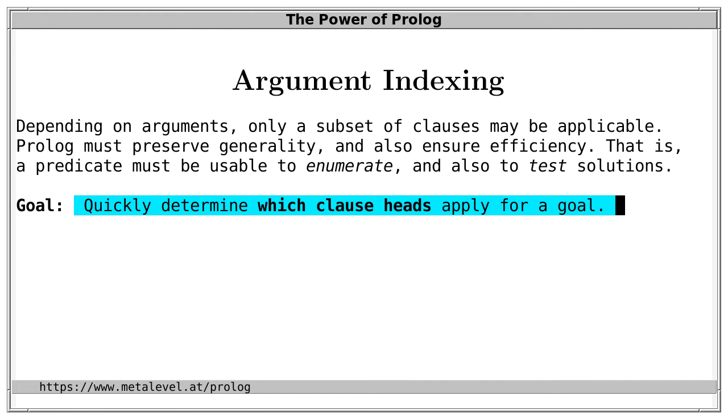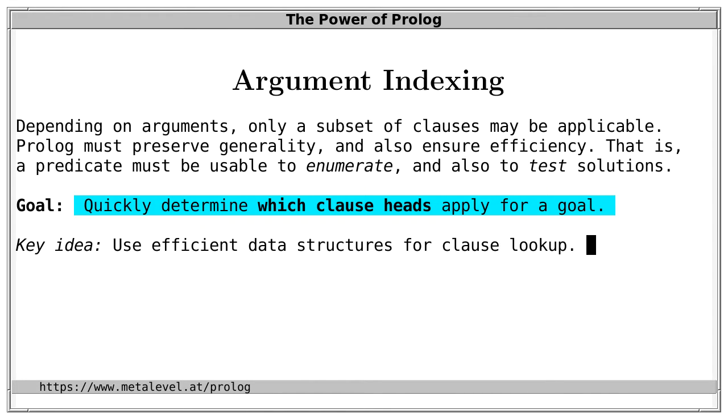So instead of a complete scan of all clauses, we want the Prolog system to determine as quickly as possible the clauses that need to be tried, and then to consider only that subset of clauses. And argument indexing exists exactly for this purpose, that is, to quickly narrow down the clauses that need to be tried for a given goal.